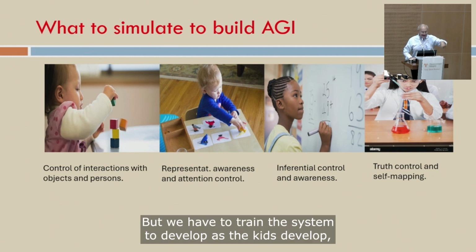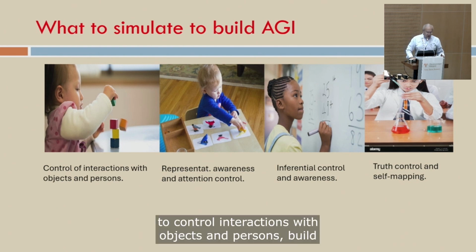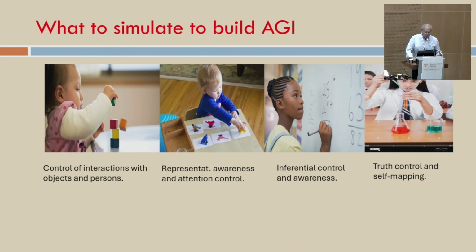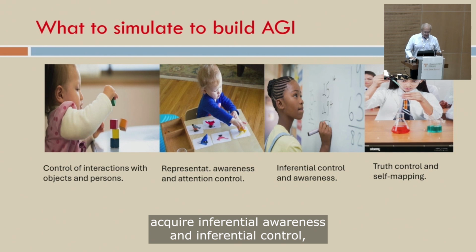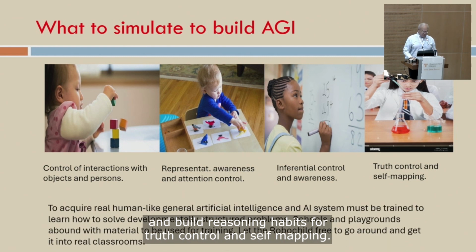We have to train the system to develop as kids develop: to control interactions with objects and persons, build representational awareness and attention control, acquire inferential awareness and inferential control, and build reasoning habits for truth control and self-mapping.